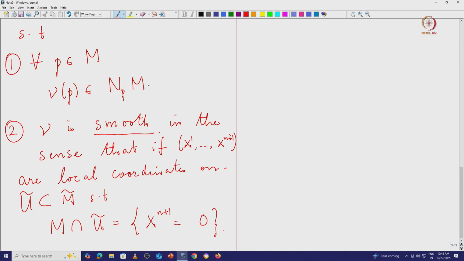One can always choose such coordinates so that M is given by this slice where the (n+1)th component is 0.